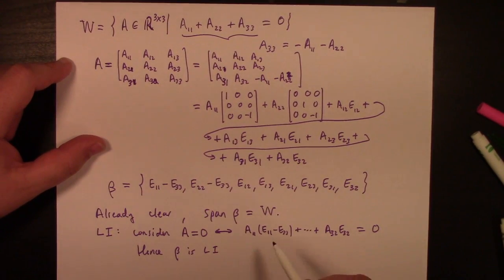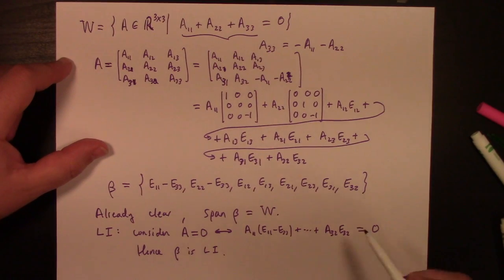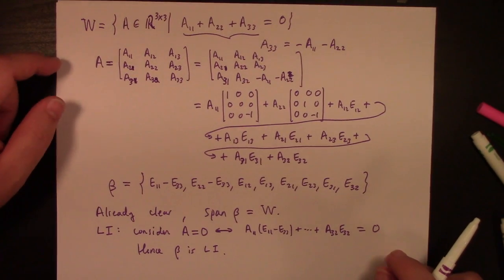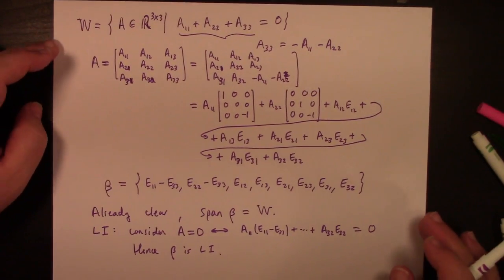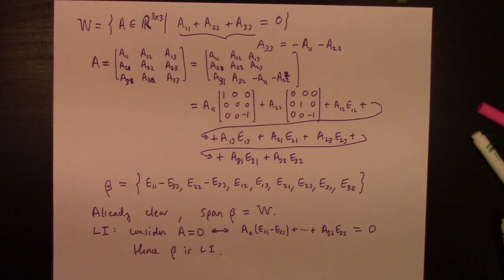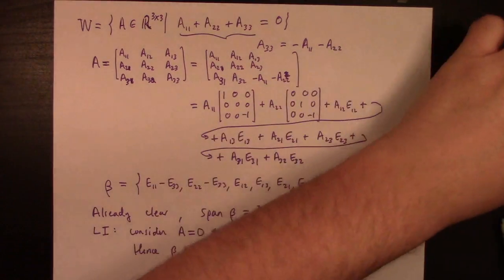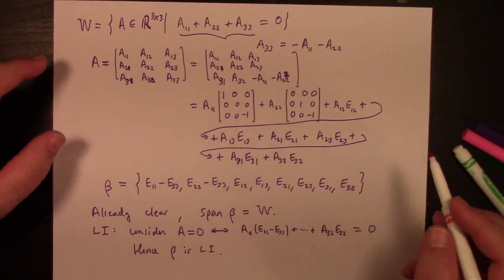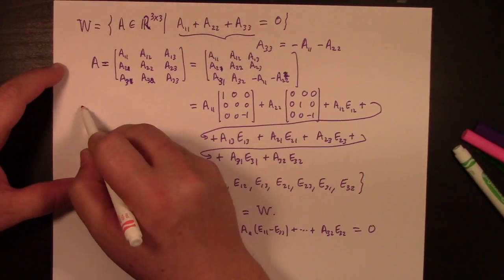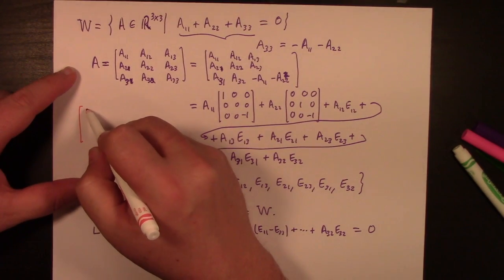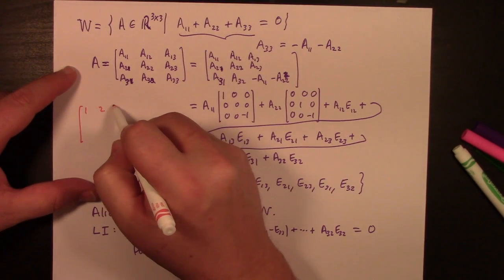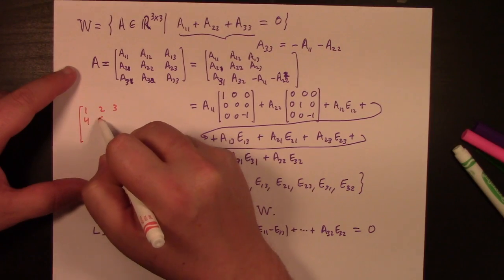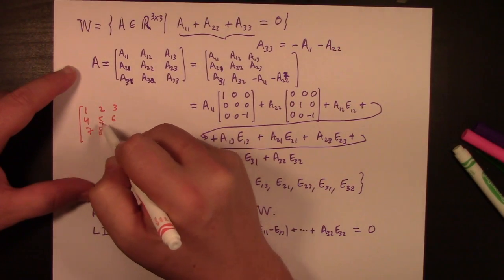Anyway, so beta is linearly independent. Just to give you a sample coordinate calculation, we'll be talking more about coordinates as we move to the subject of linear transformations, but let me just put it up here. So if I had the matrix, for example, 1, 2, 3, 4, 5, 6, 7, 8, and now I've got to be careful.